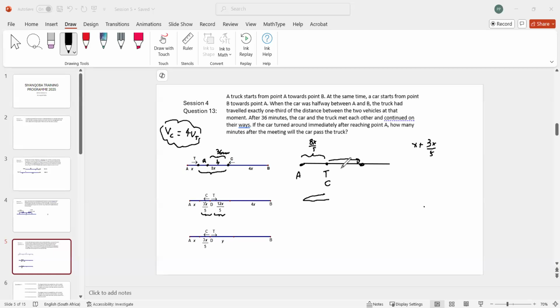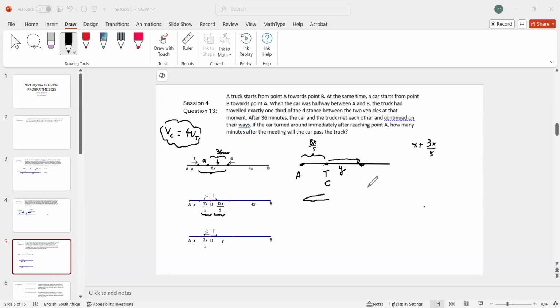So now we want to know what happens here. I don't know how far the truck has traveled, so let's call this Y. So when the truck travels Y, they meet here and they meet here again. When the truck travels Y, this car would have traveled that distance plus, it goes, turns and comes back.